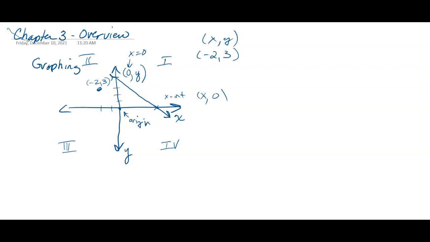Every equation, as you learned, also has a slope. This particular one, as we move from left to right, notice it's going down. So this particular equation would have a negative slope.